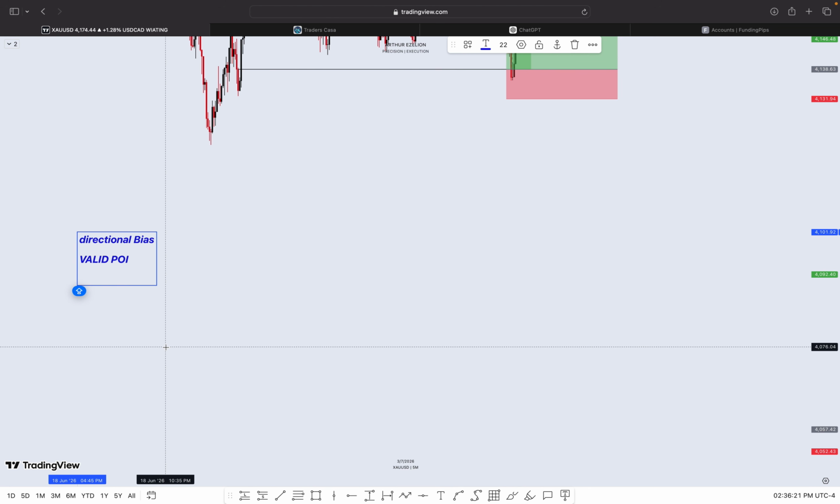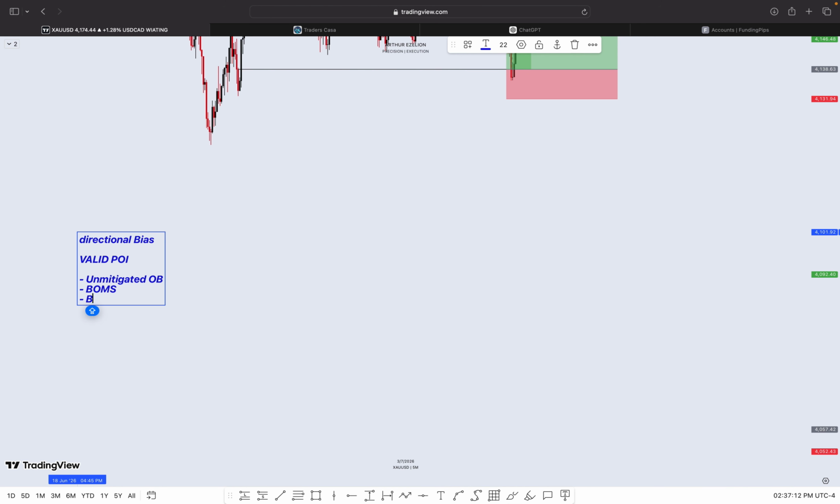Our entry model is basically us taking a trade on a valid POI, right? So what is this valid POI? It has this criteria. One, it's an unmitigated order block that has a break of the main structure, and it's at premium, or let's say beyond 50%.